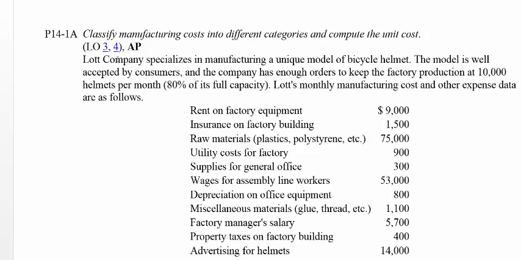Lott Company specializes in manufacturing a unique model of bicycle helmet. The model is well accepted by consumers, and the company has enough orders to keep the factory production at 10,000 helmets per month, which is 80% of its full capacity. Now I want to say something here about capacity.